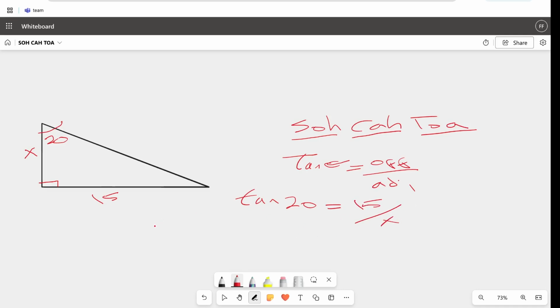So once you do this operation, we end up with x equal to 15 divided by tangent of the angle, tangent 20. For tangent 20, you can use your calculator, and once you have this number, 15 divided by this number, we can find this side.